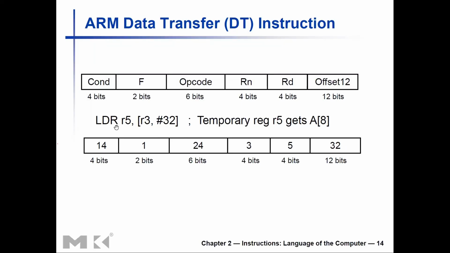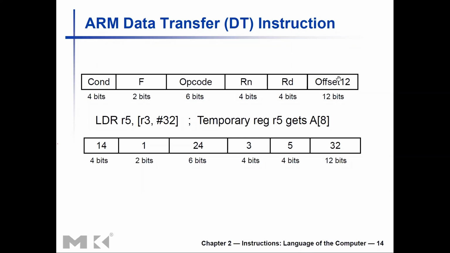Now, if you take LDR R5, [R3, #32] as an example, what you are trying to do is take the value stored in R3 plus location 32 in memory and load it to the R5 register, and those things you can encode in the instruction according to this format.